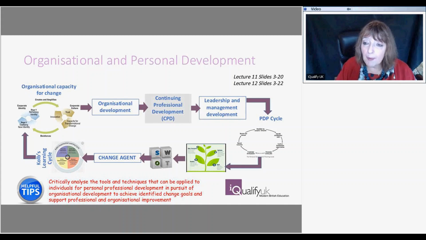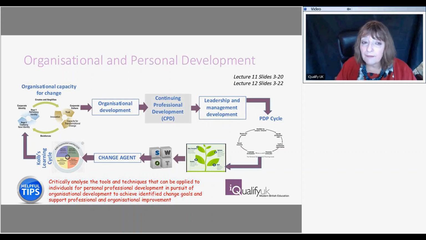So from being a change agent, from going through the change agent process, what we've then thought about is Kolb's learning cycle. And the reason for that is very simply that the advantage to it is that you're not restricted as to what you're standing on when you start your learning cycle, whichever one suits you best, but ultimately all facets of it have to be covered.